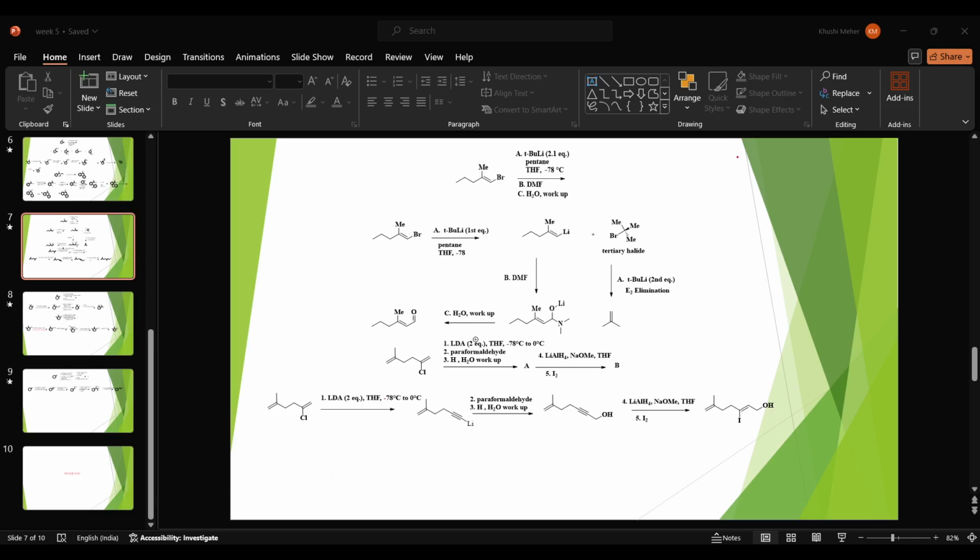Why? In the Julia olefination reaction, you will get a radical anion, and that radical anion has to be stabilized, because it is also stabilized as a radical anion. That's why it always gives the thermodynamically favorable alkene. But in the Peterson olefination reaction, you will get a four-membered ring of the silicon-oxygen bond.